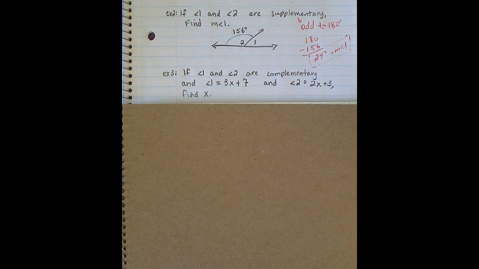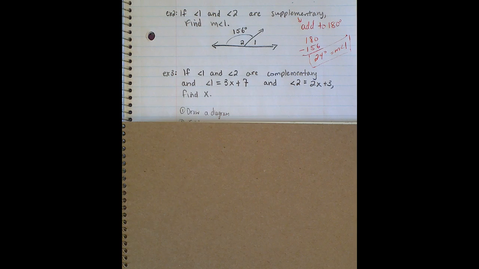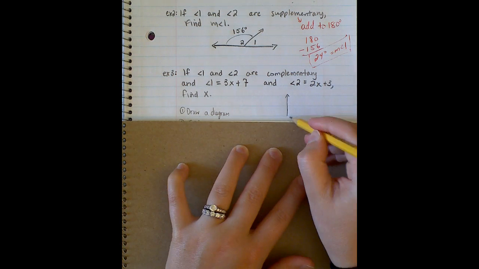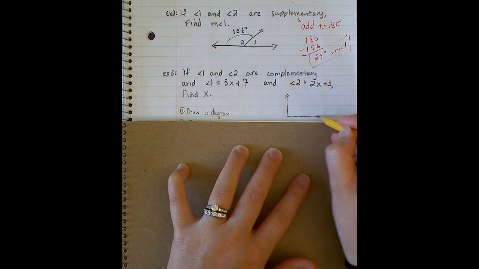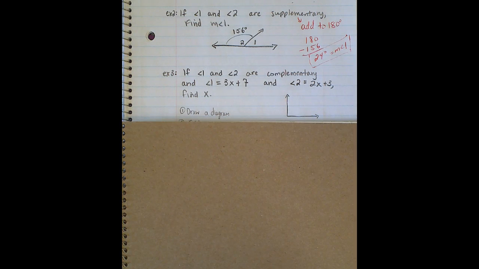So we don't have a picture like we did in the first two examples. So step 1 is going to be draw a diagram. If these angles are complementary, I know that they must add up to be 90 degrees. So I want my diagram to look somewhat like a 90-degree angle. I don't know which angle is bigger or smaller.